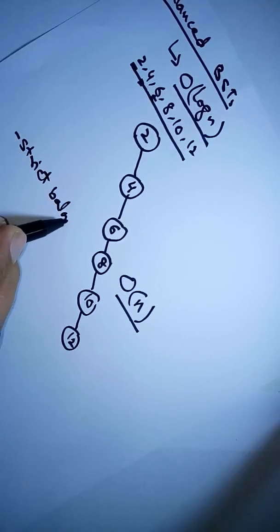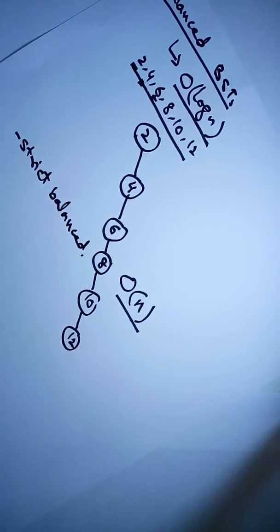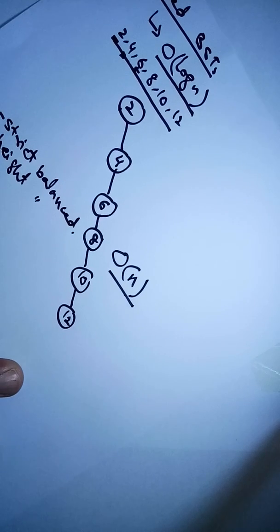One is the strictly balanced tree, where all the leaf nodes must be on the same level. Then there is the flexible balanced, or height balanced, tree, where the leaf nodes may differ by a maximum of 1.